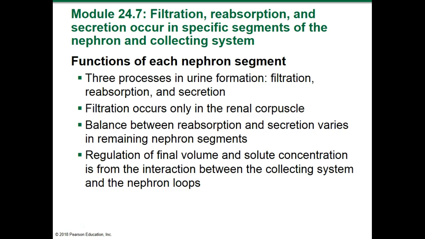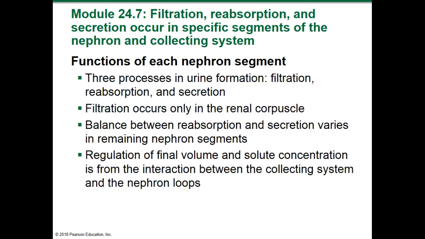There, again, are the 3 processes when making urine: filtration, reabsorption, secretion. So remember that. Filtration occurs only in the renal corpuscle. That's the only place there's any filtration, which I was alluding to earlier. The balance between reabsorption and secretion is going to vary in the remaining nephron segments.